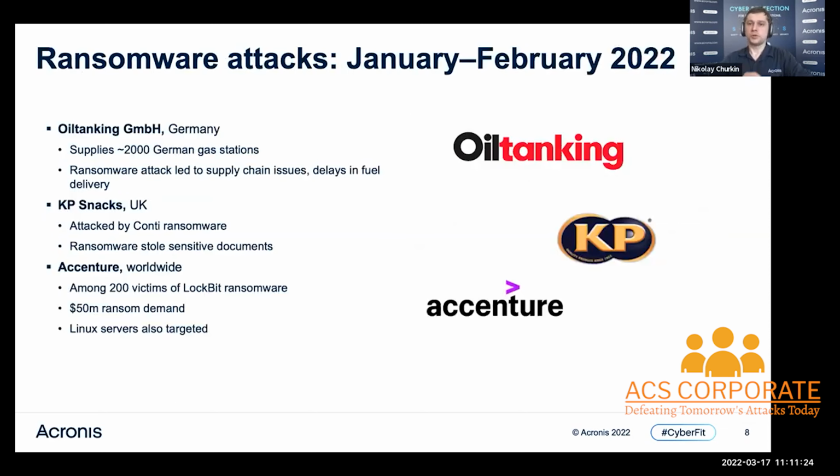Ransomware attacks. So we are in the middle of March today, and I collected some cases for the previous 2 months. Just 3 cases out of many reports from our cyber protection operations centers. In Acronis, we have 3 cyber protection operation centers in Singapore, in the US, and in Switzerland, which are supposed to operate around the clock, at least one of them, right?